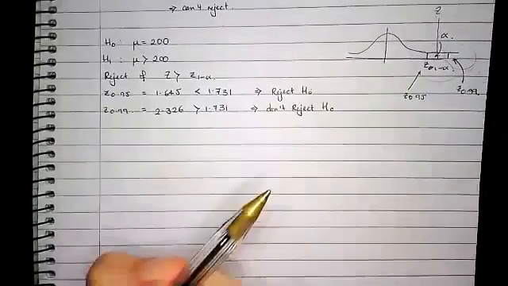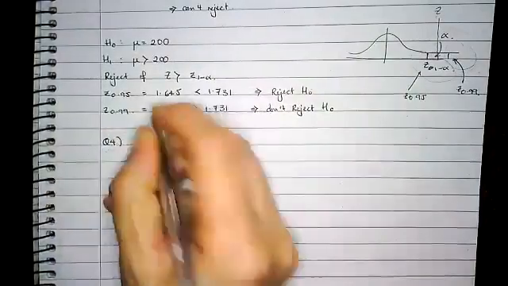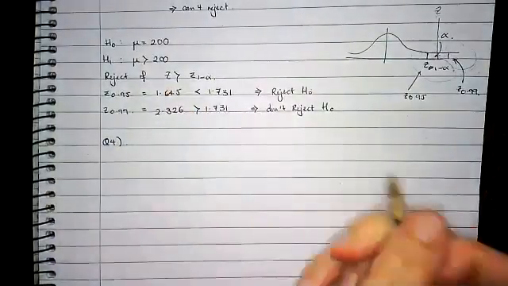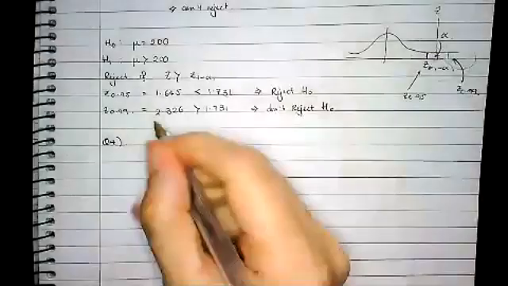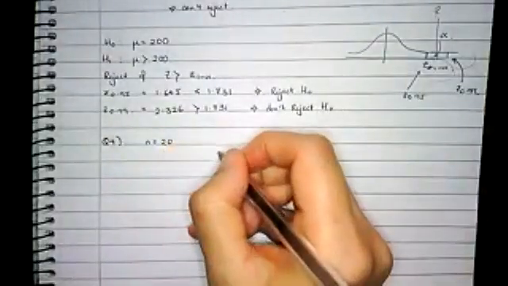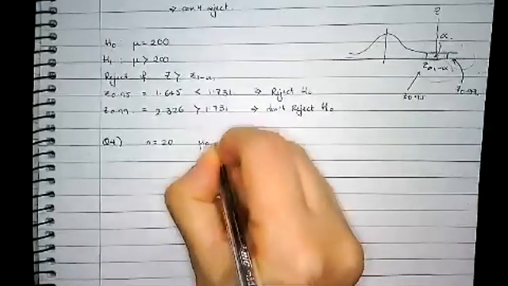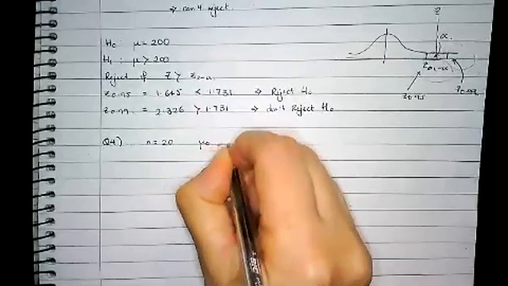So the first thing I want you to do is to take a look at question number 4. In this question, we've been given some batteries rather than some cable. We've got n equal to 20. We've got the same normality assumption. We've got a proposed mu0 equals 250.